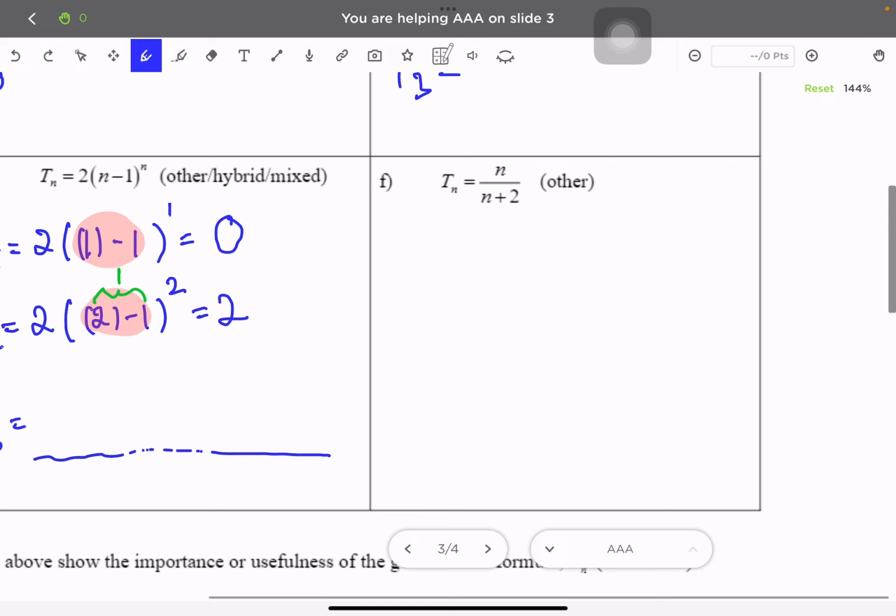Okay, for part F, same thing. This is the other side. So if I only want to find the first 3 terms, sub n as 1 now. So replace n as 1, plus 2. So this is 1 over 3.